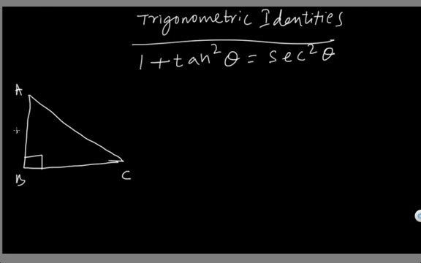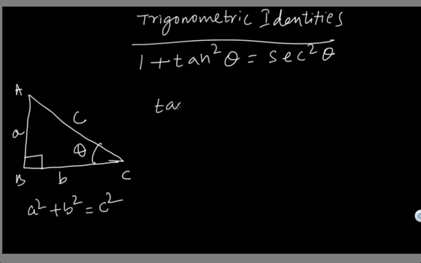We call the sides a, b and c, and we know from Pythagoras theorem a square plus b square is equal to c square. Let's call this angle theta.